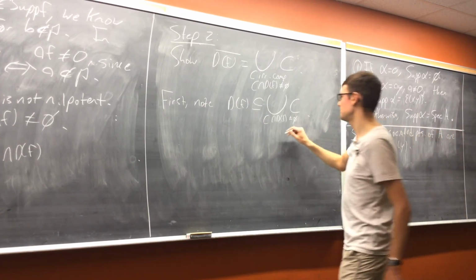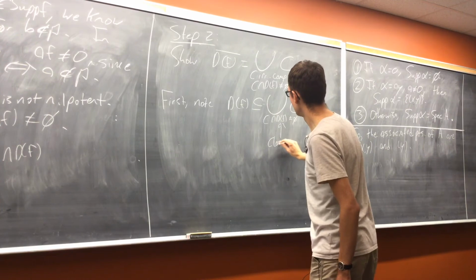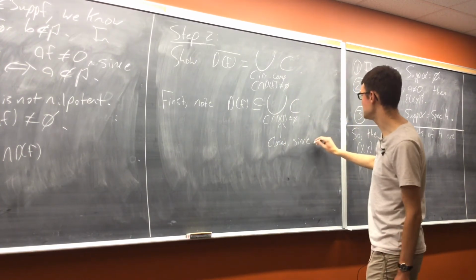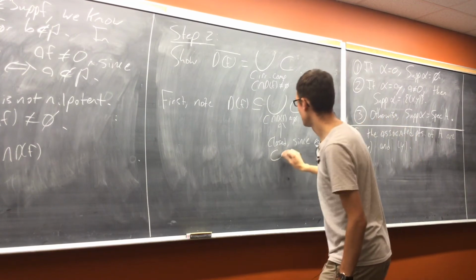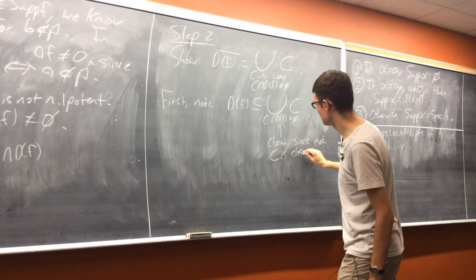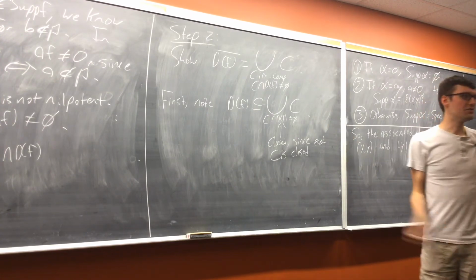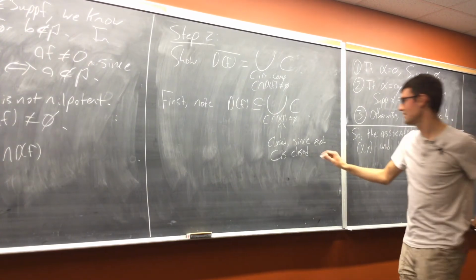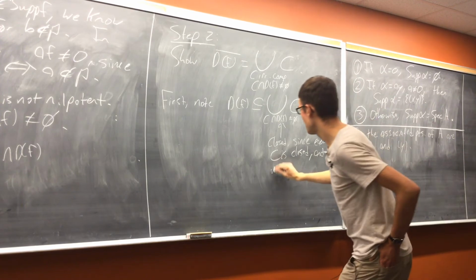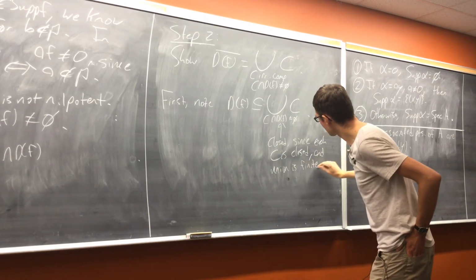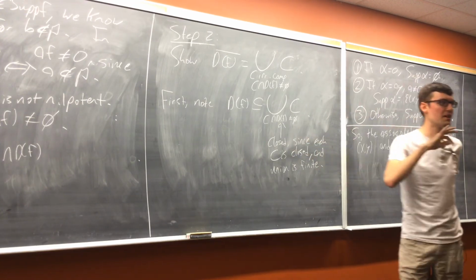Okay, this is closed because of two things. Each C is closed. Every irreducible component just is. And furthermore, the union is finite. And that's the Noetherian hypothesis coming in.